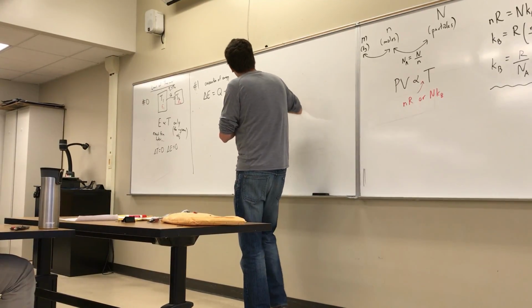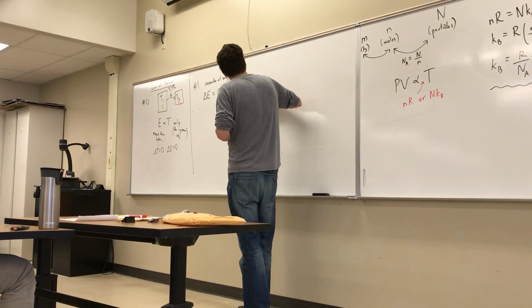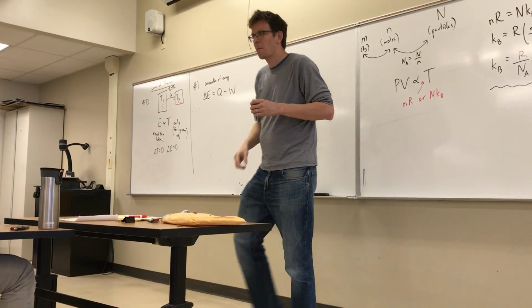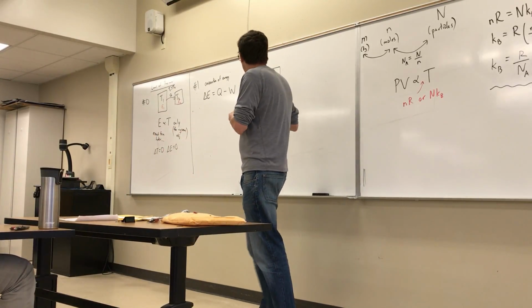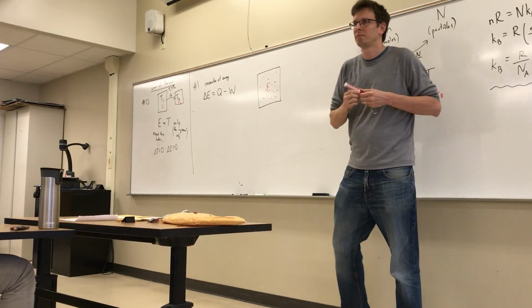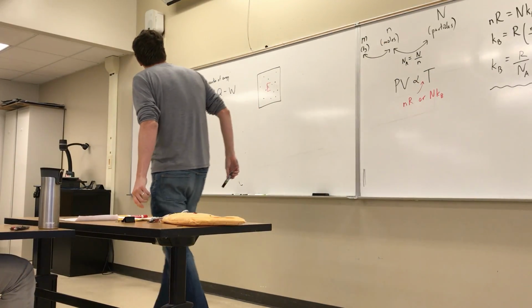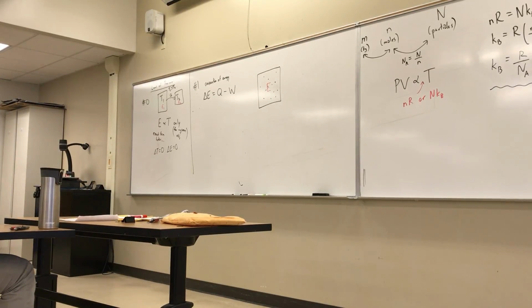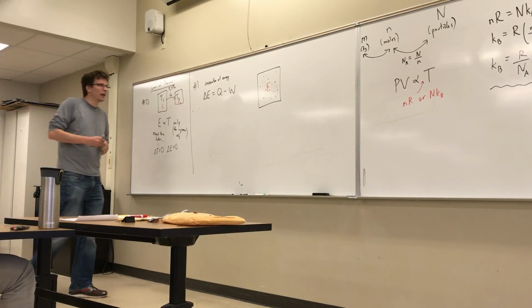So here we have some kind of container of gas. And this gas is at a certain temperature, so it has a certain internal energy. And what this equation is saying is that there are two ways that you can change the internal energy of that. Now, one is the method we've been talking about, which is heat. Okay?